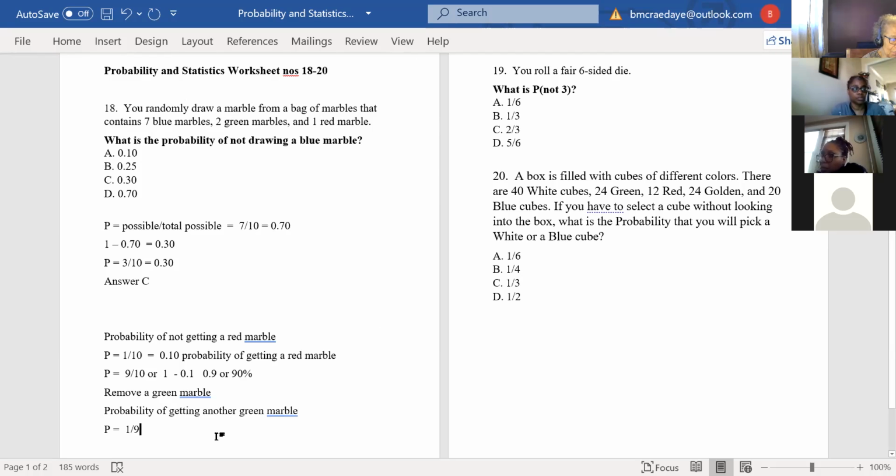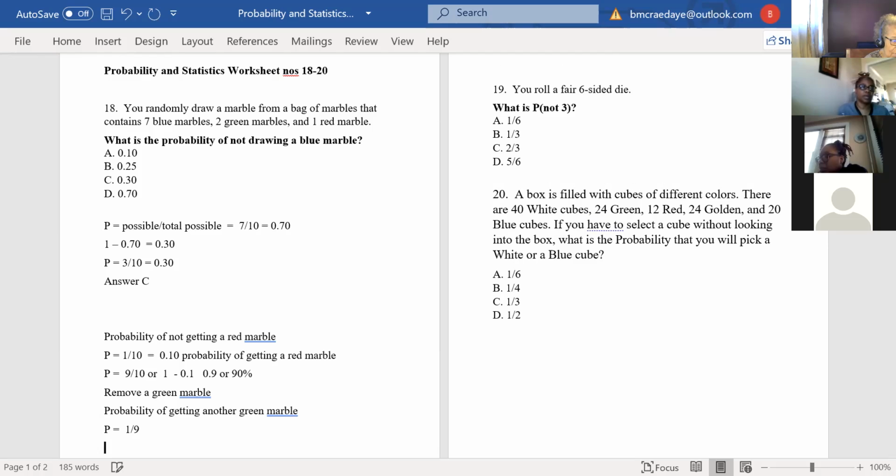Now, I took a green out, right? Now, what's my probability of getting a blue marble? Remember I removed the green, right?